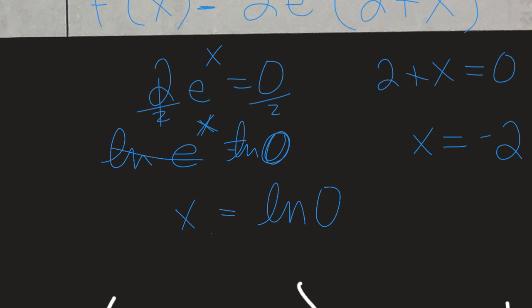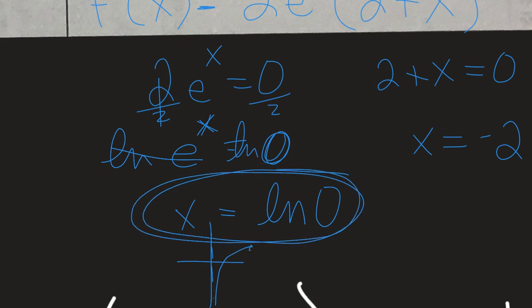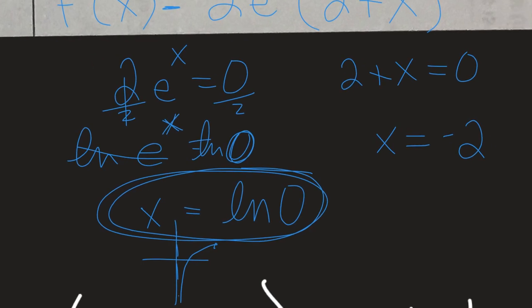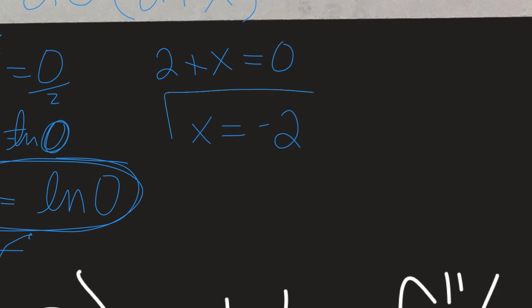No, it's not, because the graph of the natural log has an asymptote at 0, and the graph grows forever. So this is not going to contribute an answer to our problem. That's undefined. So our only point of inflection is going to occur at -2. So let's do our sign analysis from -2.